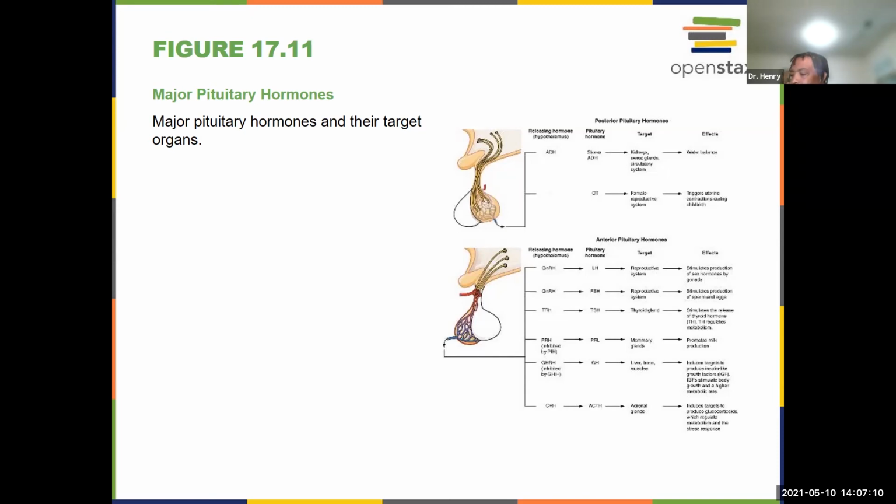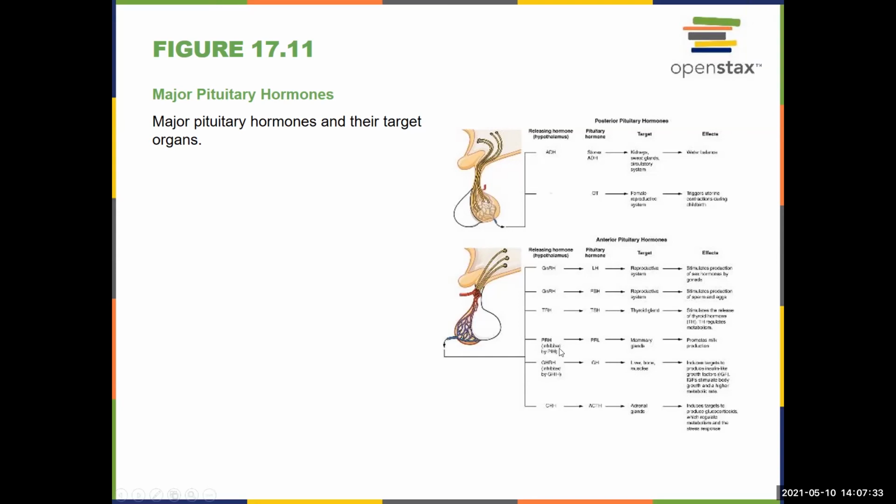I wrote it down. Oh, thyroxine and triiodothyronine. So often just called T3 and T4.